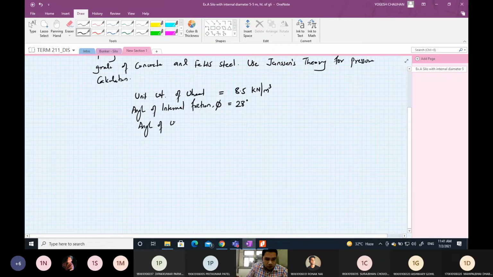Angle of wall friction we call phi dash. This will be 0.75 times phi while filling the silo, and 0.60 while emptying.